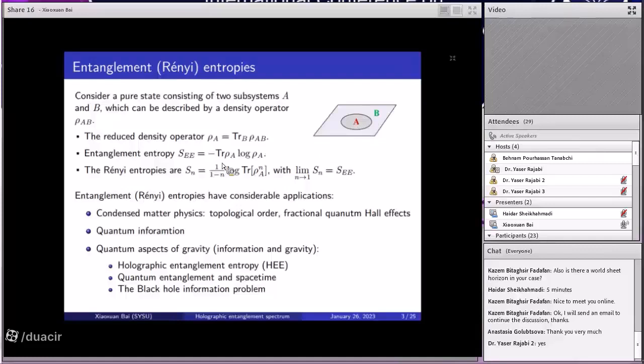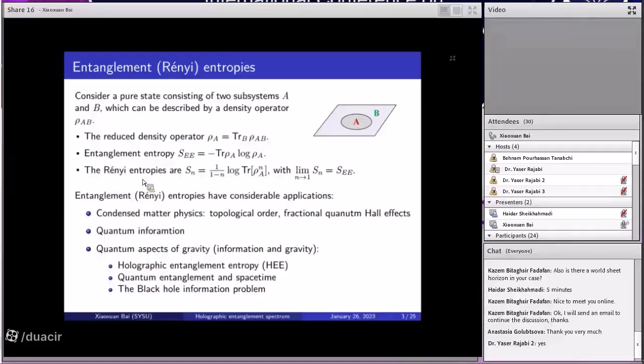Then as a one-parameter generalization of the entanglement entropy, we have the Rényi entropy, which contains much more information. For example, with the Rényi entropy of all orders, we can determine the entanglement spectrum.